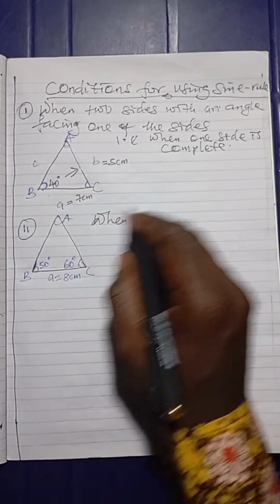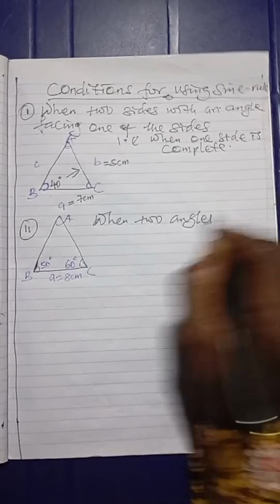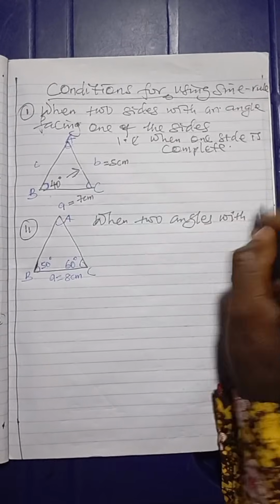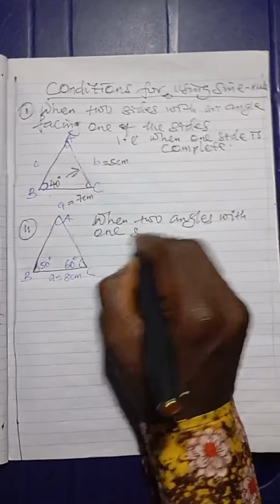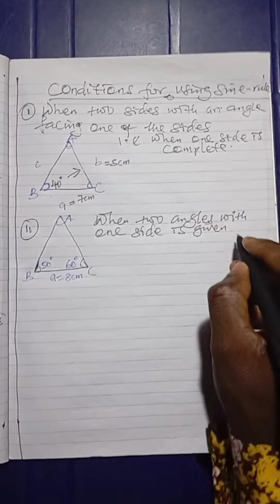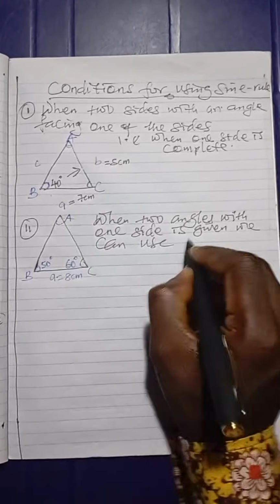So when two angles with one side are given, okay, we can use the sine rule.